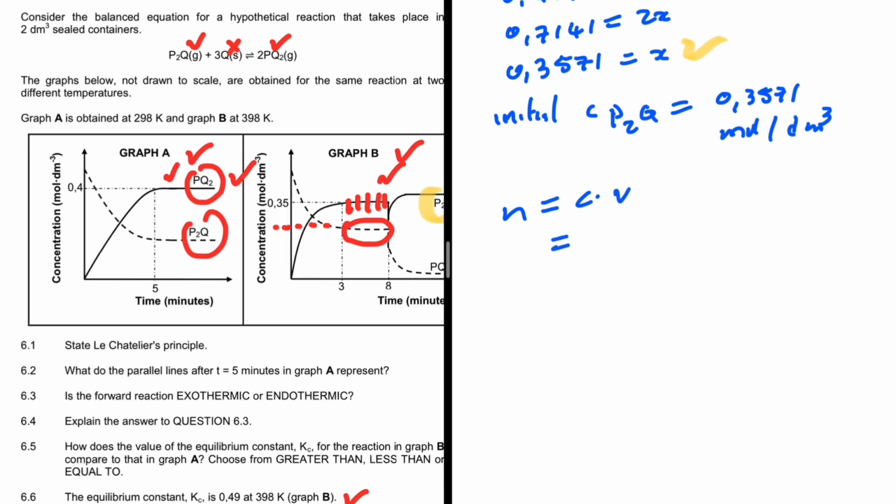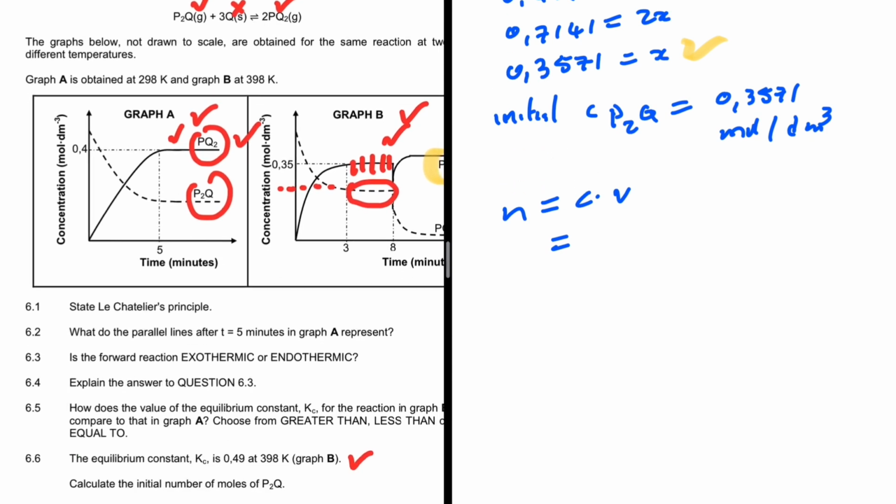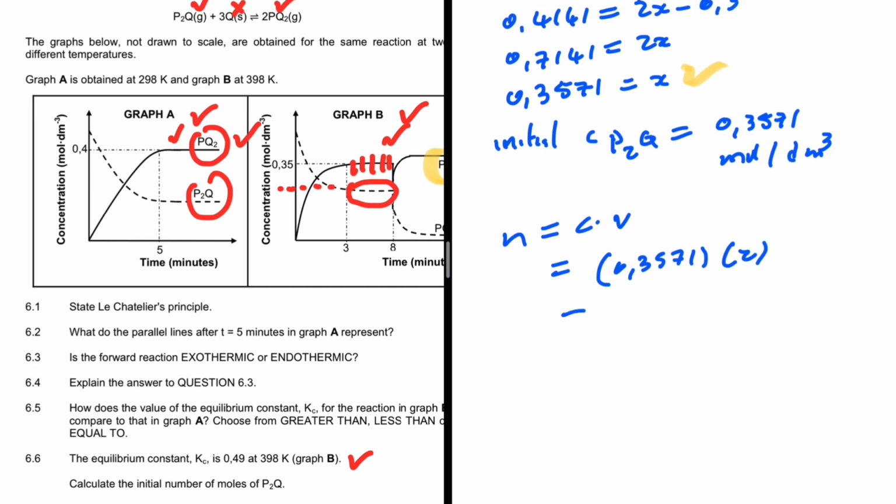It is 2 decimeter cube. It's given to us in the question statement. So we're going to have 0.3571 multiplied by 2, which gives 0.71. So 0.71 moles is the initial number of moles of PQ2.